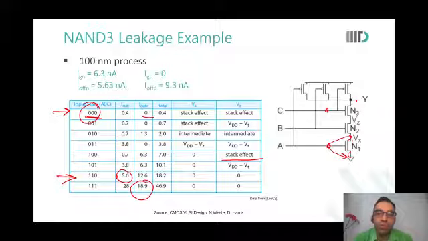As soon as you put, for example, Vx equal to 0, you see currents in the range of 6.3 nanoamperes. As it became 0 for both Vx and Vz, current increased further. And in the last one, it is the PMOS leakage current that is coming into picture.